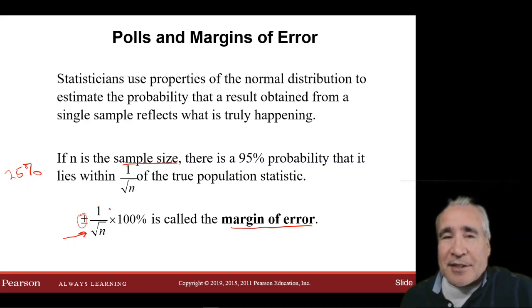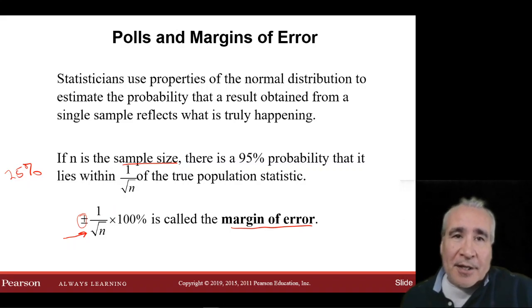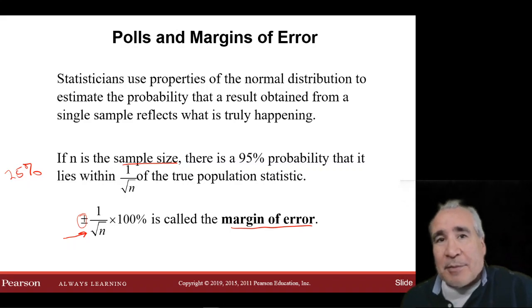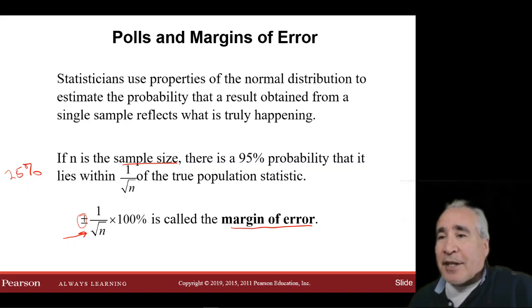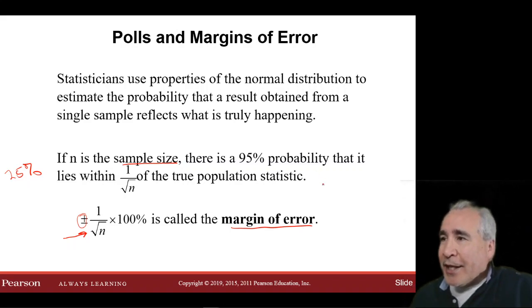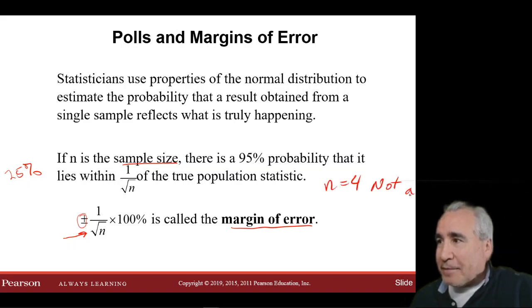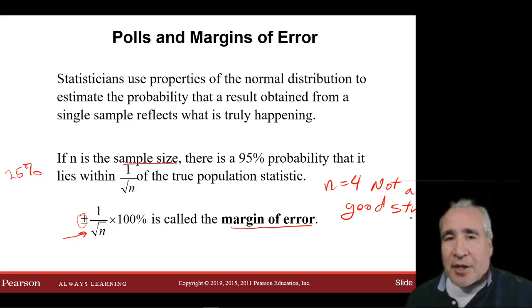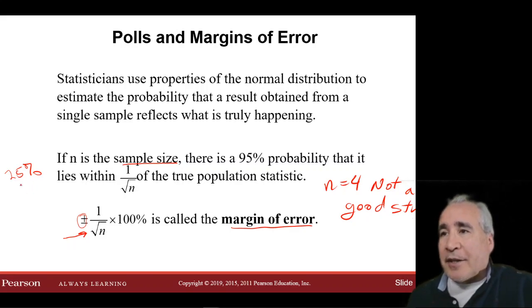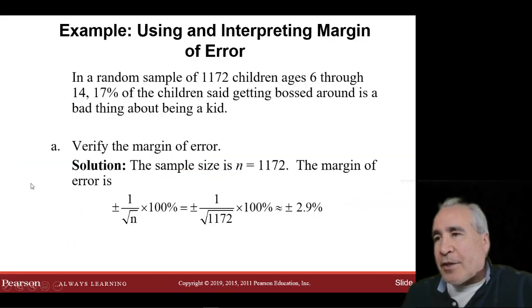I wouldn't trust a study that had a 50% margin of error, because you add that and subtract that, and it could be 0% or it could be 100%, somewhere in between. That's not very helpful. So n equals 4, not a good study, because it's going to have such a large margin of error. But what you'll see is the larger the sample, the smaller the margin of error.